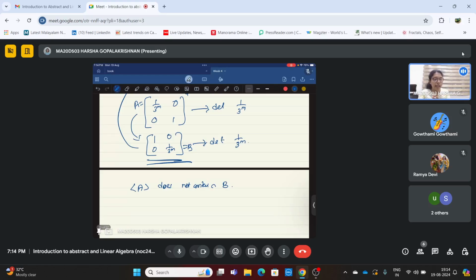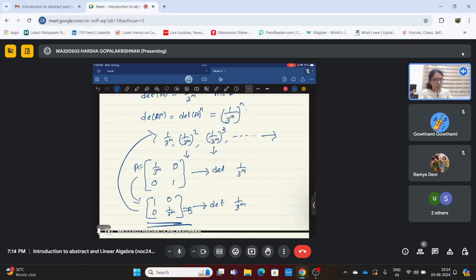But obviously b is an element of this H group, because b has the determinant 1 by 3 power m, right? Okay. So it is just an example: if I am taking any a with 1 by 3 power m, other than a, I have some other a dash which also has the determinant 1 by 3 power m, but it is not contained in the generator of a.